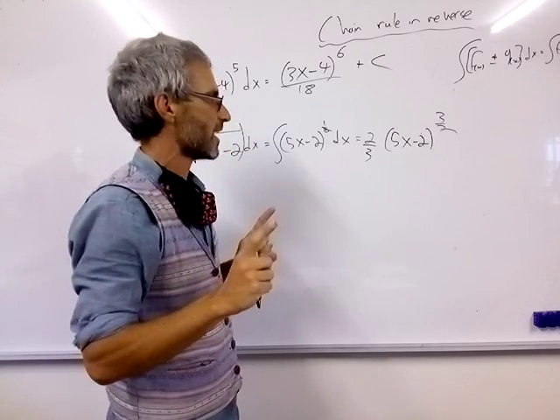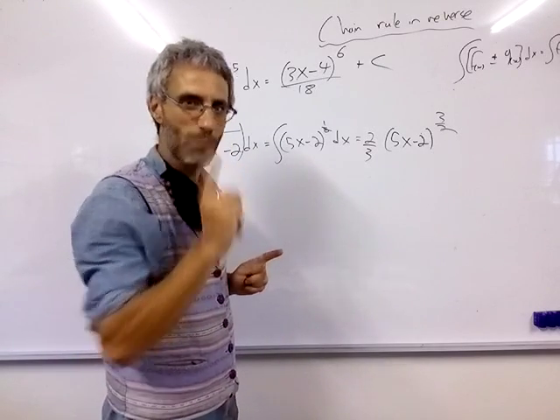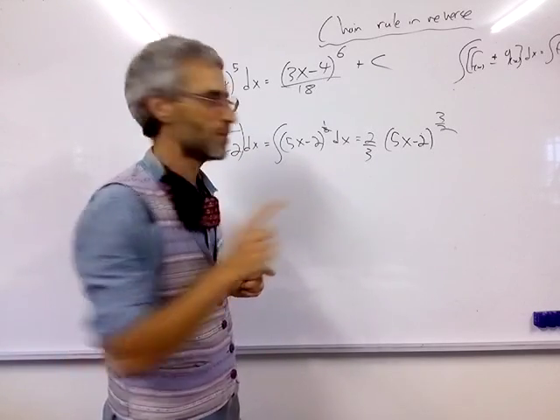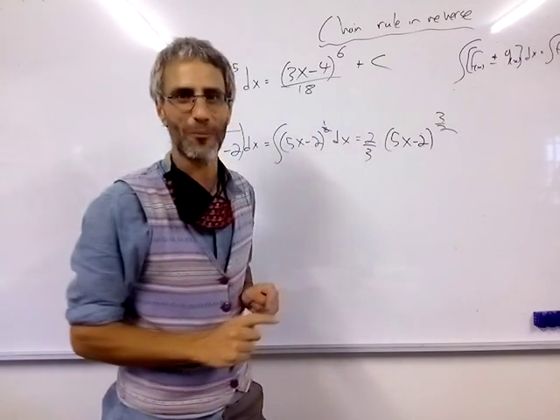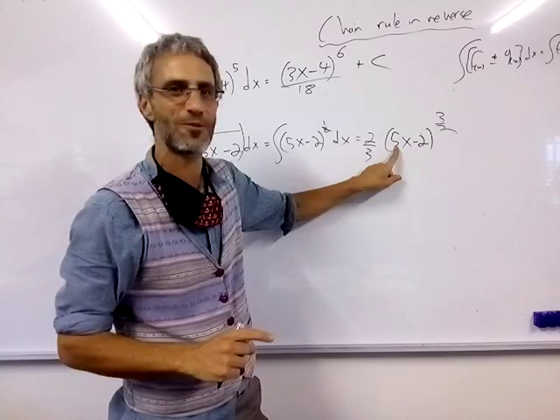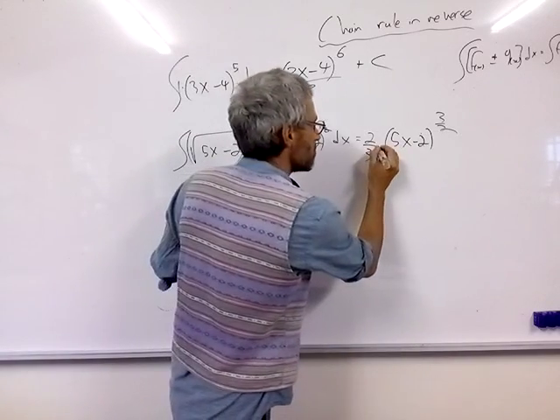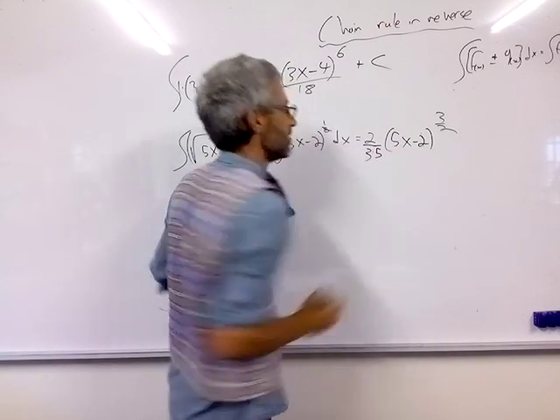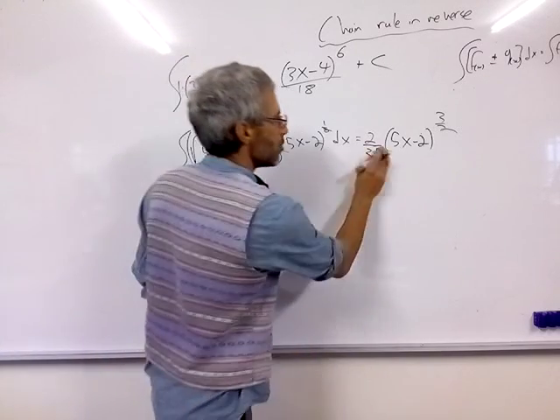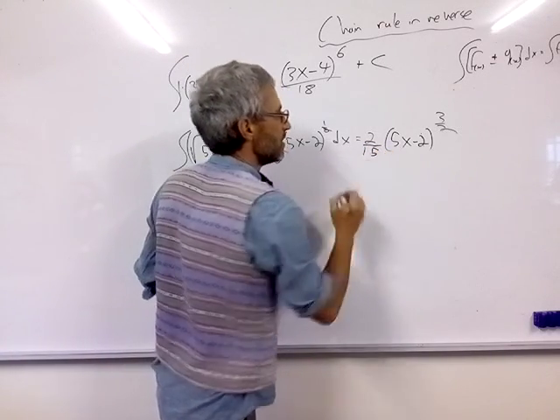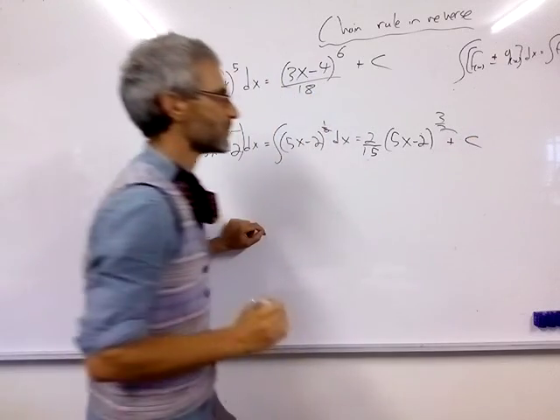I sorted that out, but there's one more constant going to jump at me later: the 5, because there is the derivative of the brackets. So I need to prepare something that will kill it, assassinate it, divided by 5. In other words, it will be 2 over 15, and obviously plus a c.